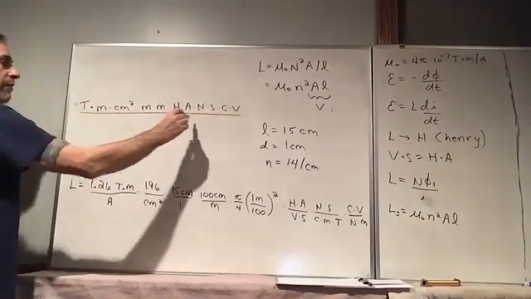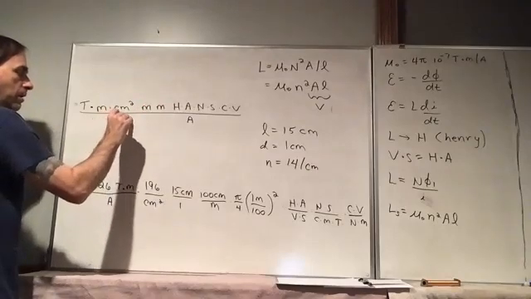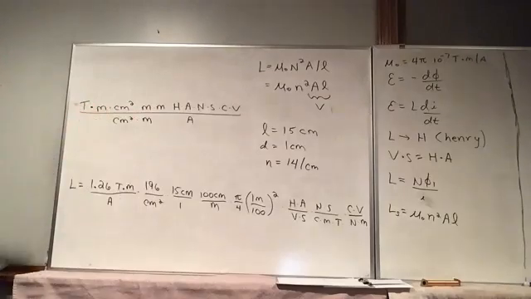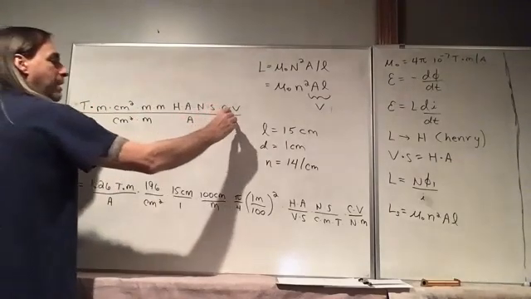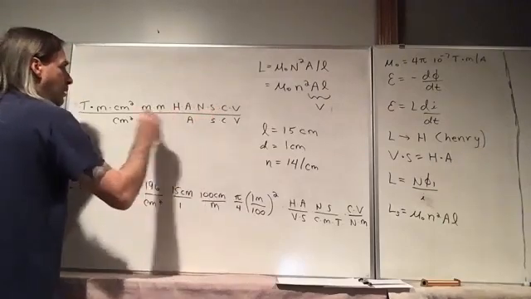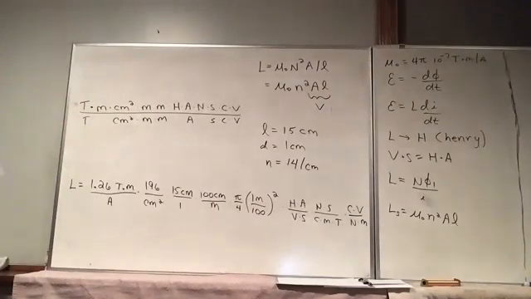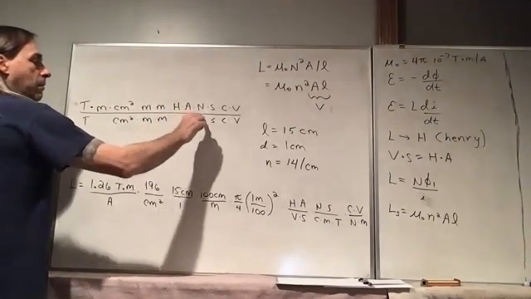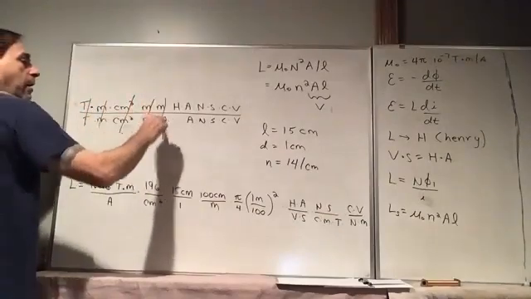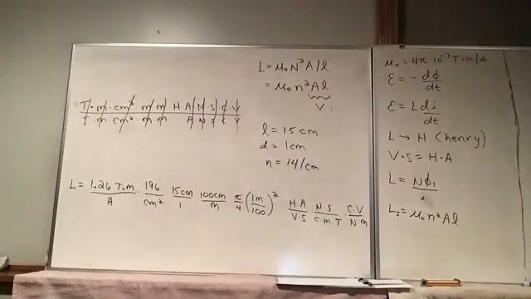On the bottom, we have amps, centimeters squared, meters, volts and seconds, coulomb, meter, Tesla, and a Newton times a meter. So yeah, it looks like it actually worked out. This will give us our inductance in henries.